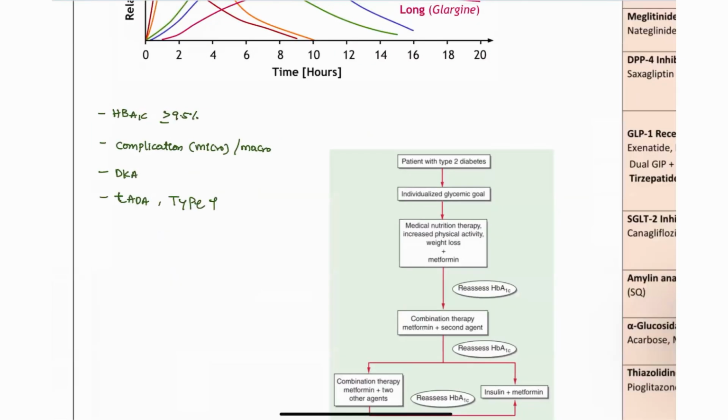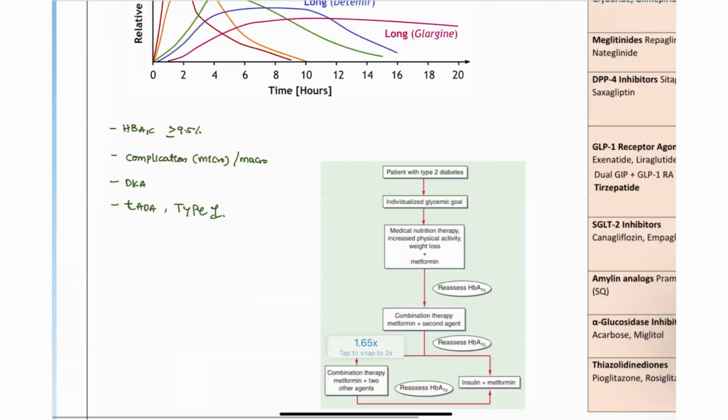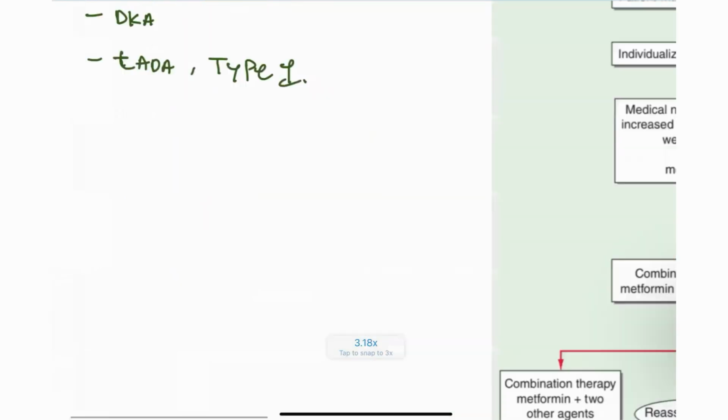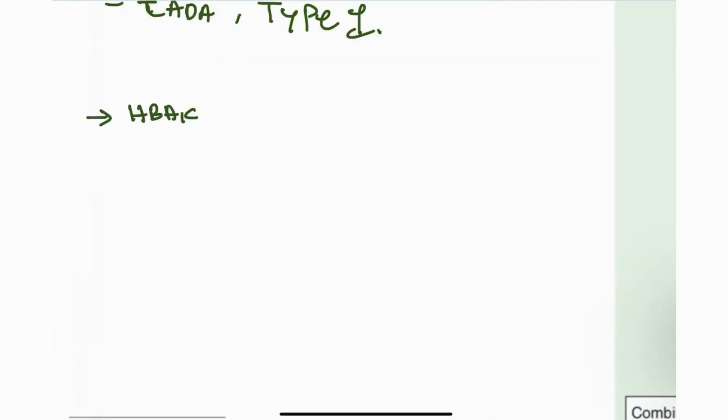First, what is the target when working on insulin therapy? The HbA1c target is 7%. It should be maintained at 7%.